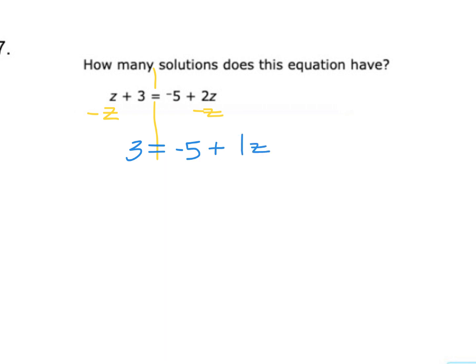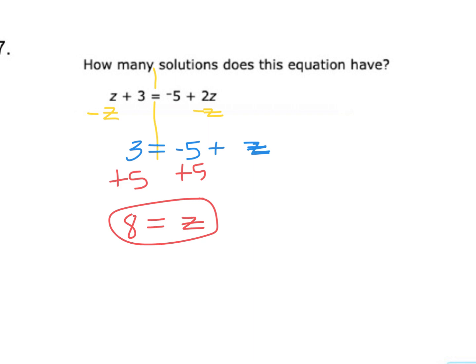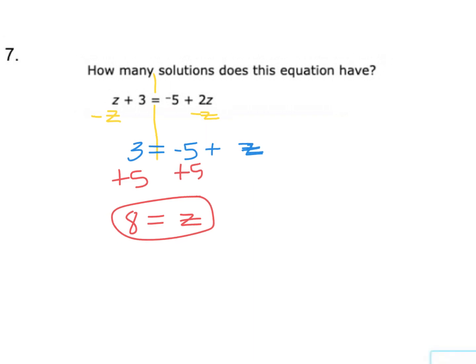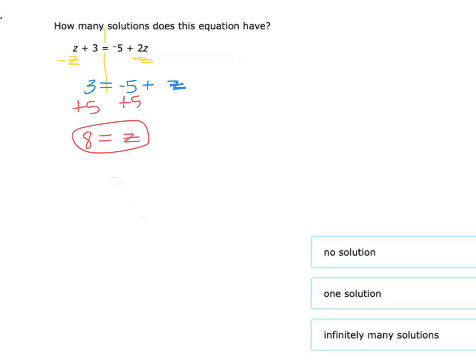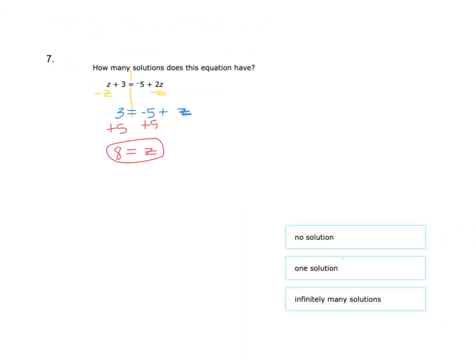And then I can just make that invisible, just plain old z, because 1z is the same thing as just z. And then we're going to add 5 to both sides. I get 8 equals z. So if I get one answer for this, then this is an example of one solution.